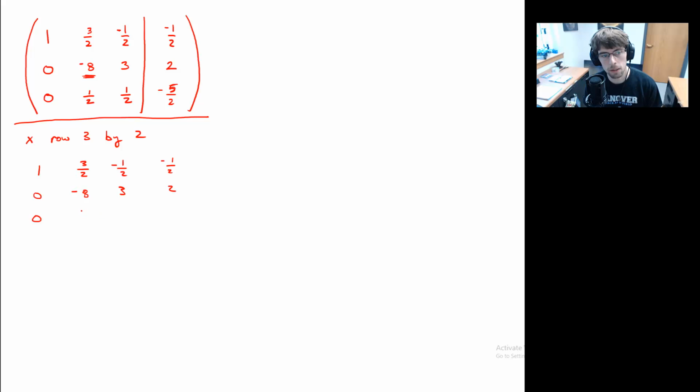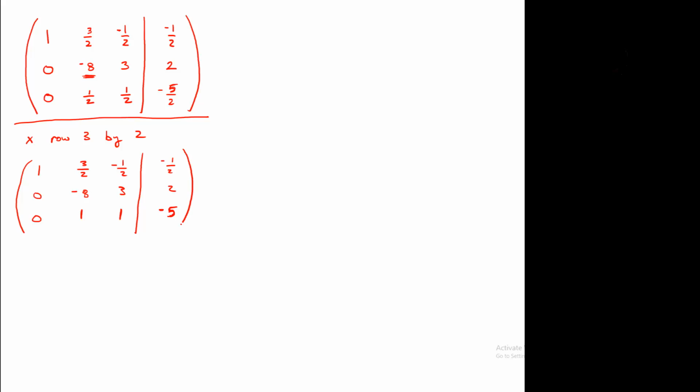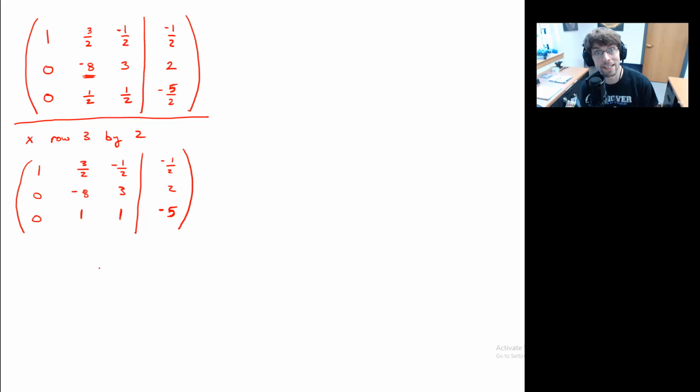If I'm multiplying by 2, this becomes a 1, this becomes a 1, and this becomes a -5. Yes, indeed, if you're wondering, I found the mistake in my previous slides. That's why I had those fly-ins. This should be a -5. I dropped a negative sign at some point. Shameful, I know.